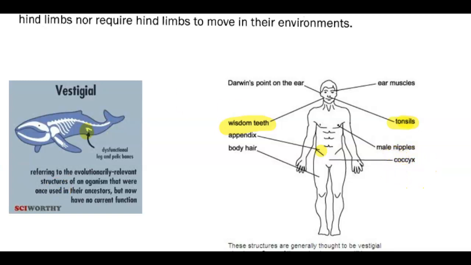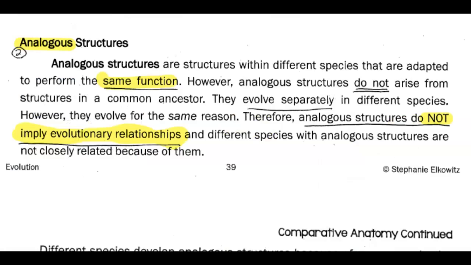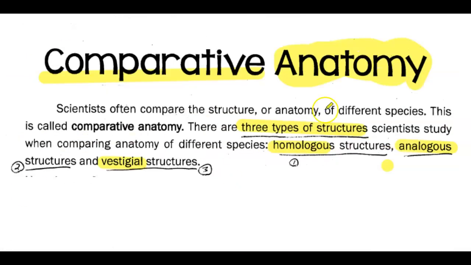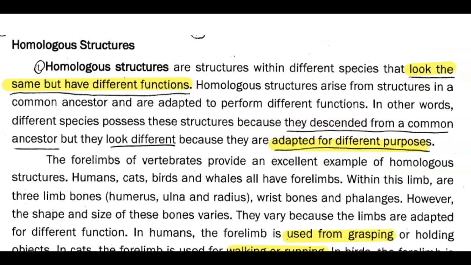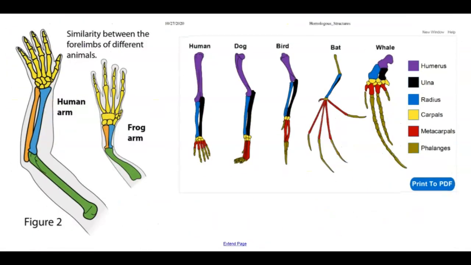Okay. So what we've done with this reading here is we've introduced you to three types of structures that we look at for comparative anatomy. So remember, we had the homologous structures, and they were body parts that have, I'm sorry, not the same function, but they have the same structure, the same bones, in the same order to show that they're related.